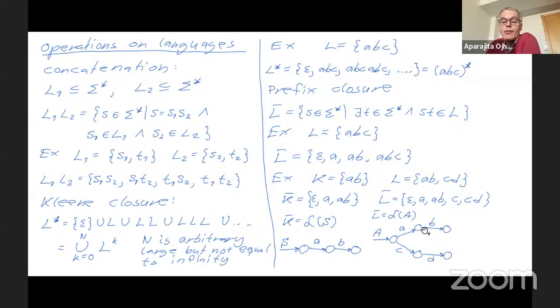So that means that the language of this automaton is actually the prefix closure of L. Note that L only includes AB and CD, and K only includes AB, while the automaton for both S and A includes also the prefixes of these two languages. So L bar is the language of the automaton, while L only includes AB and CD once again.